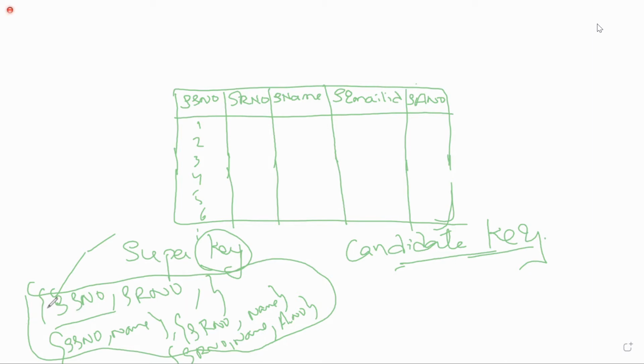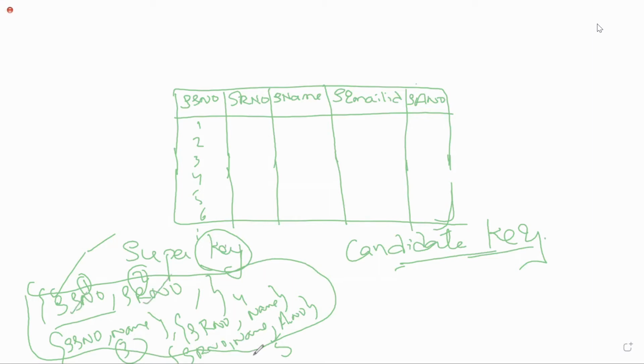And among all these, see here, how many we got? Suppose 1, 2, 3, and this is 4, and this is 5. We'll get many, but I wrote 5 only. So among all these 5, the minimal set of super key is called a candidate key. The minimal set of super key, meaning what is minimal in a super key? Suppose this one is minimal and this one is minimal.